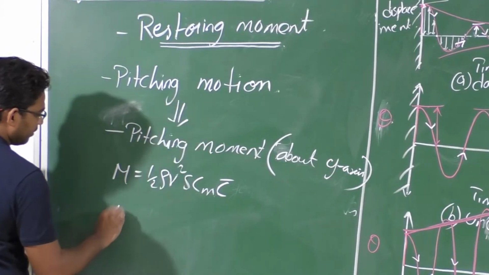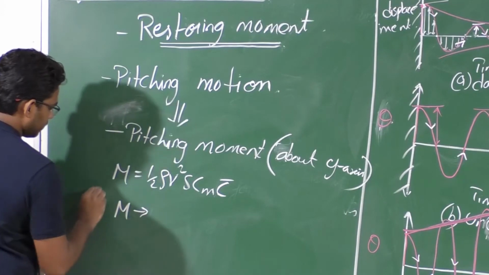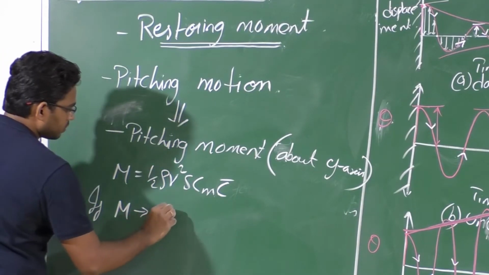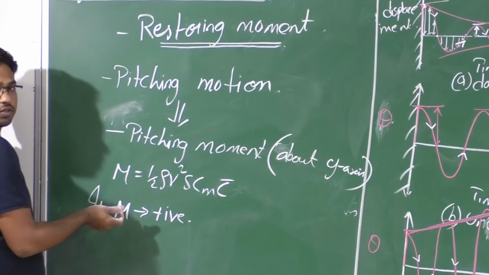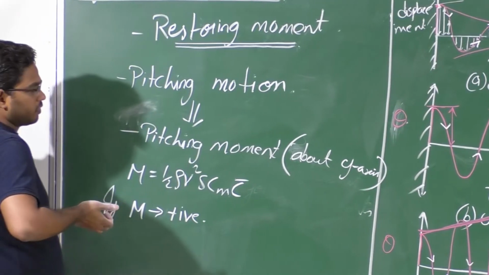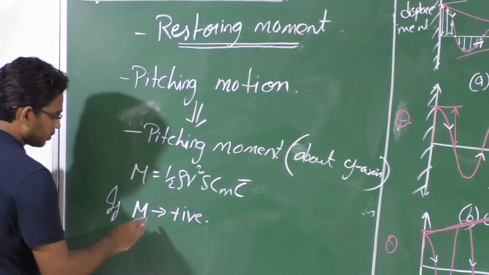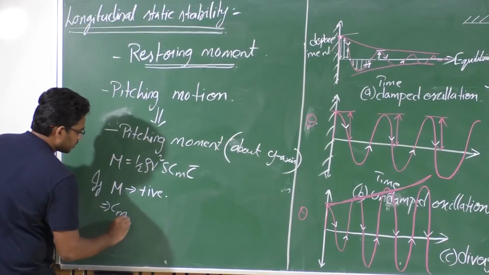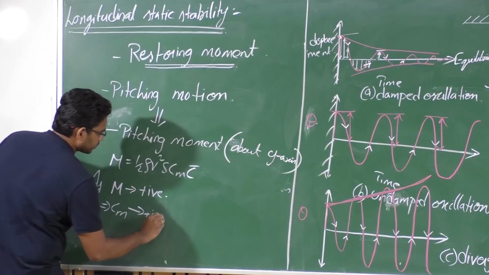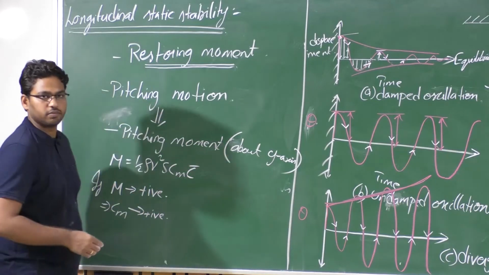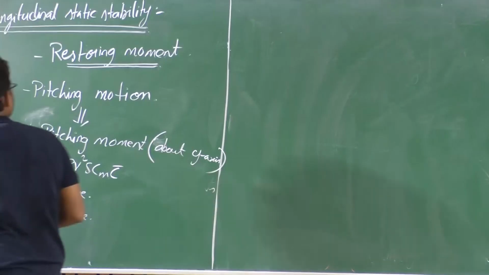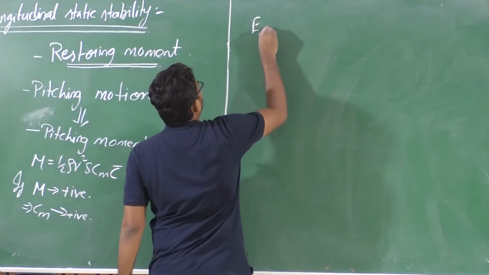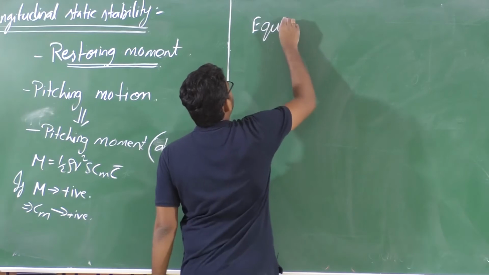Now if M is positive, when the pitching moment is positive, right, when the aircraft performs a pitch up motion, that implies Cm is also positive, and vice versa. If M is negative, Cm is negative. Now let us consider what are the possible equilibrium flight envelopes.